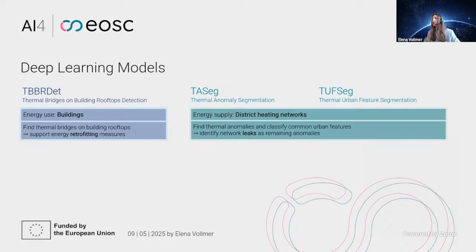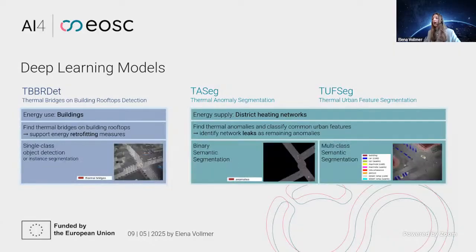And so this combination of the two models, the first one identifies all manner of anomalies around our district heating system, and the second is really about sorting out false alarms, because we have lots of warm things in our urban environment, like people, manholes, buildings, cars, that aren't leaks. And so the idea is to identify the leaks as the remaining anomalies.